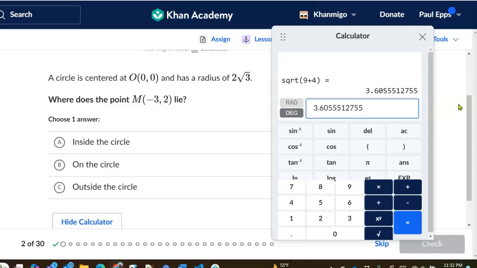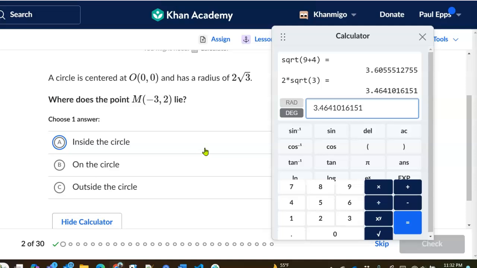What is 2 times the square root of 3? 3.46, so it's actually inside the circle. Oh, wait, no, I'm sorry. 2 times the square root of 3.